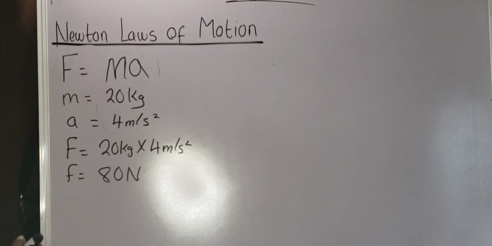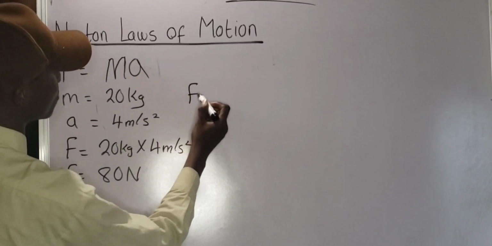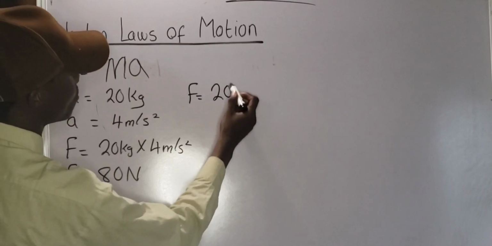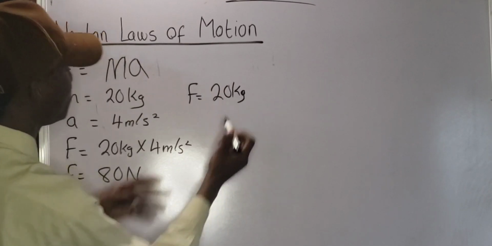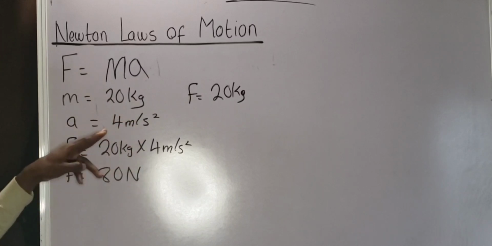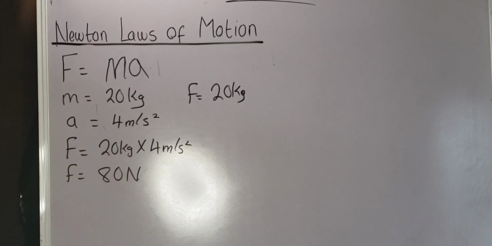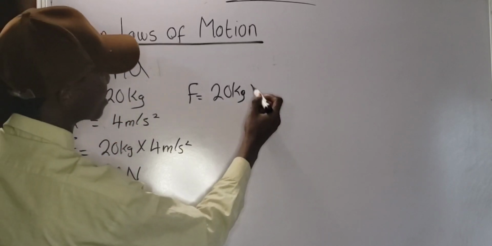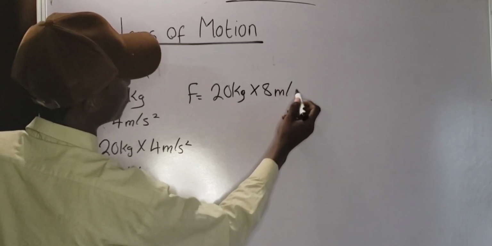What if the acceleration is doubled and the mass is kept constant? If the acceleration is doubled and the mass is kept constant, we're going to have 8 meters per second squared.